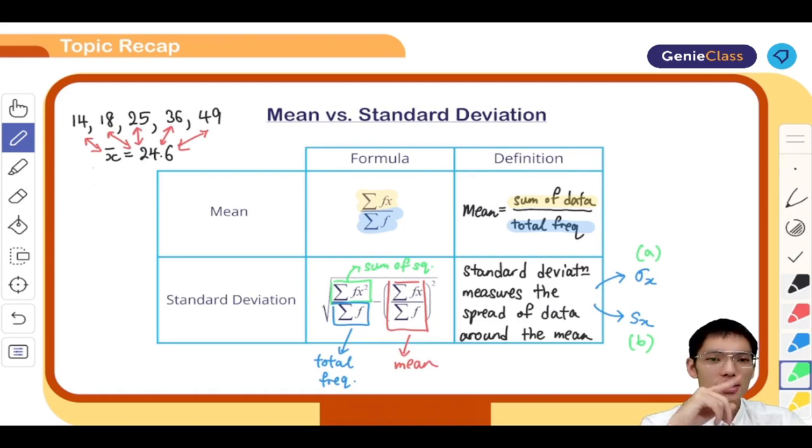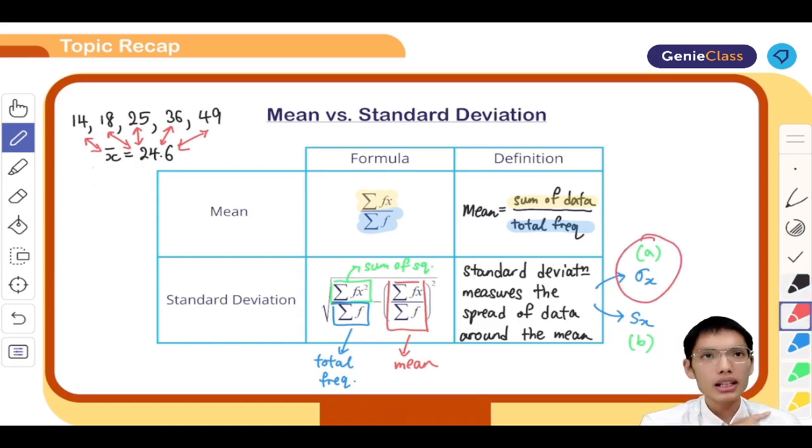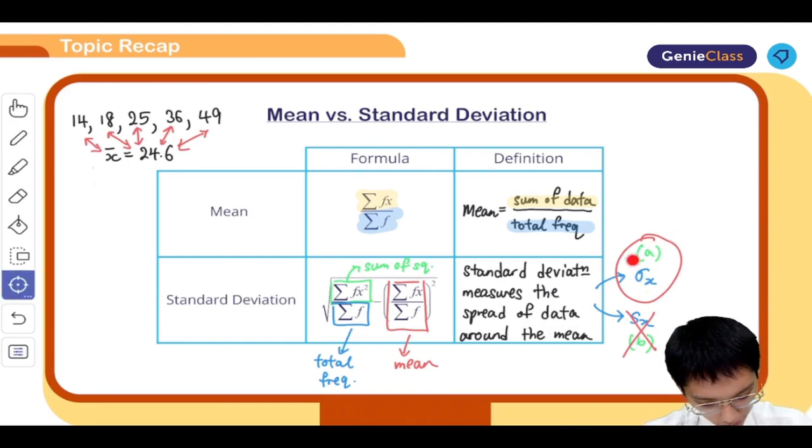Looking at the responses, going good. The answer is, we use this one. The one at the bottom also is standard deviation, but it's out of your syllabus. You don't have to know it for your context. Just remember, when you look at your calculator and you're calculating it, we are using this one, not this one.